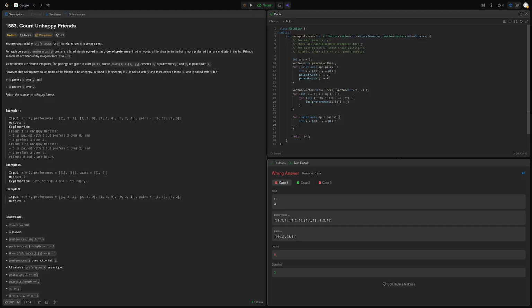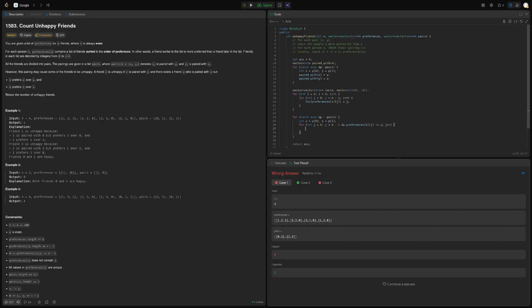Okay, so for int j from 0 to n minus 1, j plus plus, if preferences[x][j] doesn't equal y, then we do this.